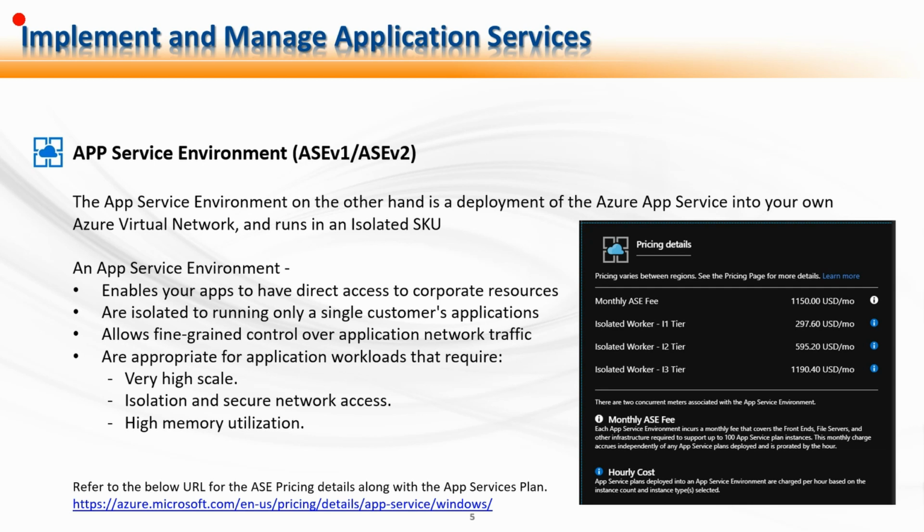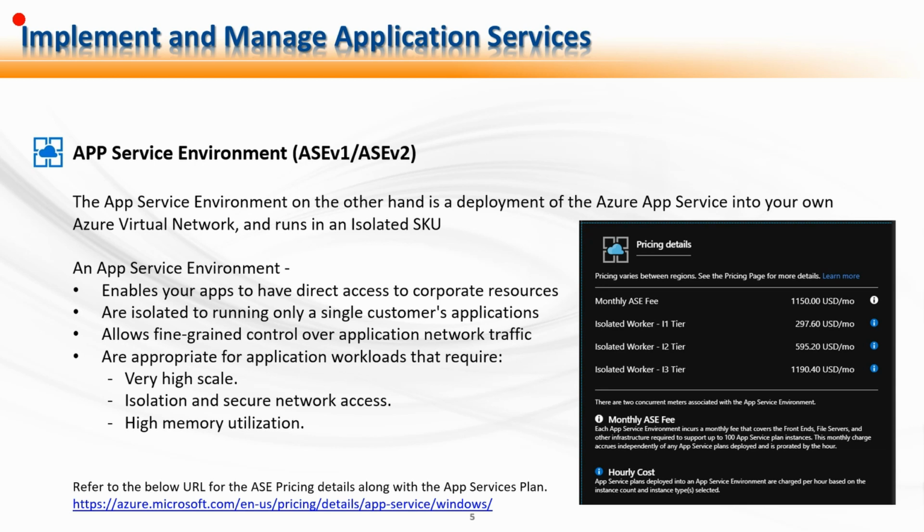This enables your apps to have direct access to the corporate resources over the site-to-site VPN or the express route connections. The demo that we are going to see today does not contain anything about the site-to-site VPN creation or the express route connection creation because that is out of scope. But we will definitely see how to configure the app services environment.